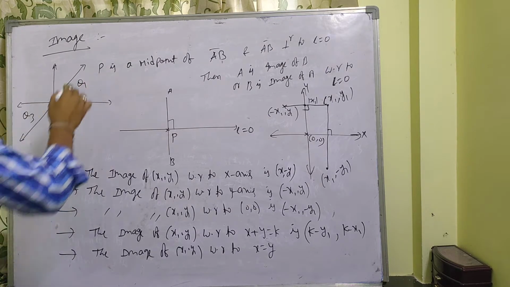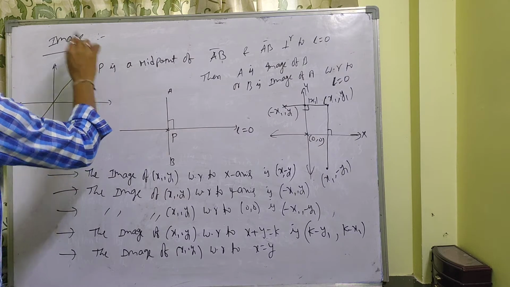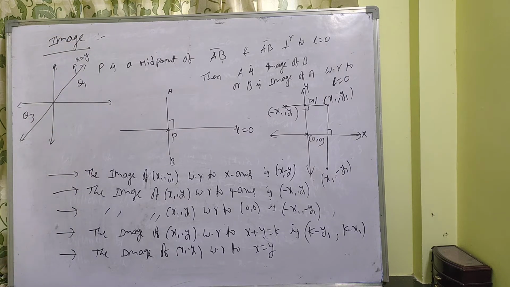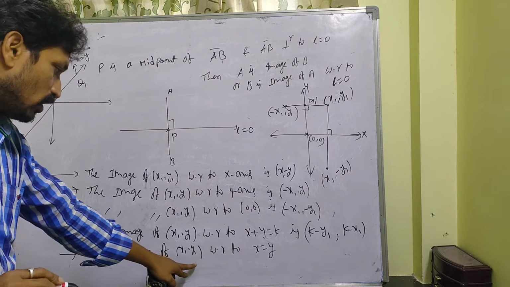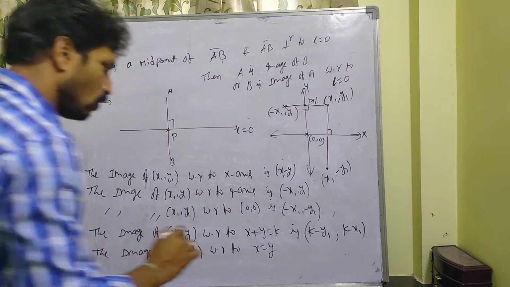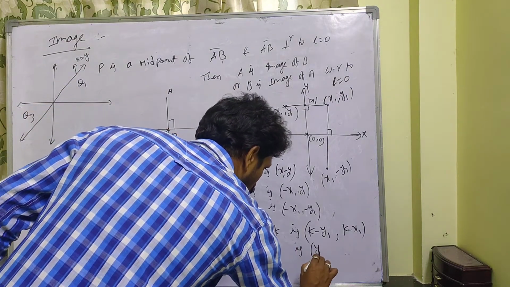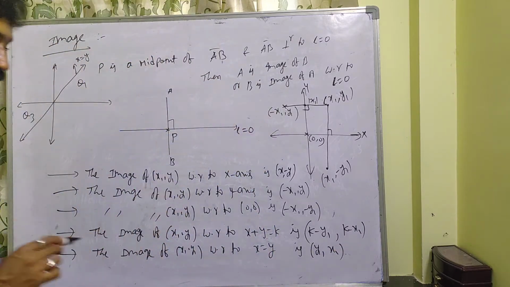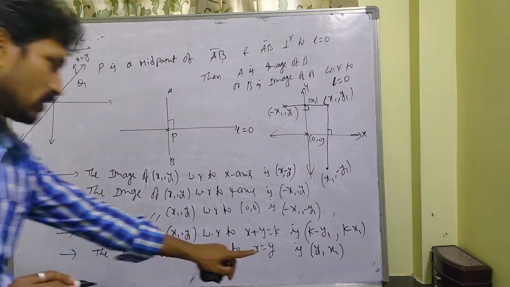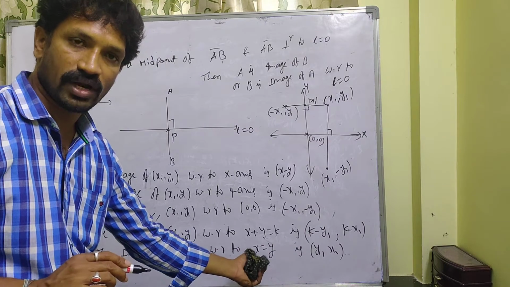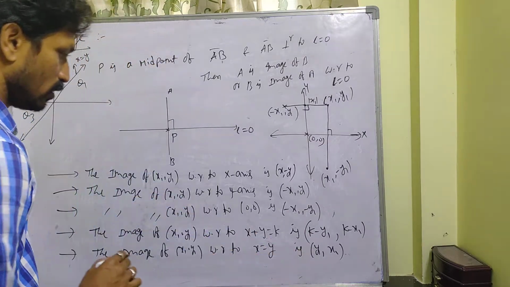Remember, this is the line equation x is equal to y. Okay, is it clear? So the image of x1 comma y1 with respect to x is equal to y is y1 comma x1. Remember. Okay, reverse. In the place of x, write the y coordinate; in the place of y, write the x coordinate.